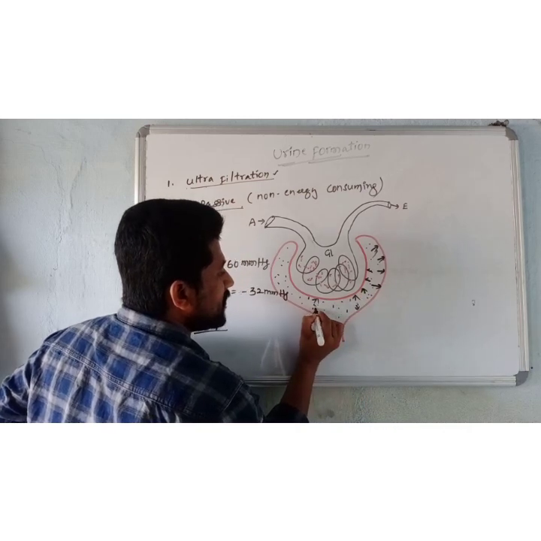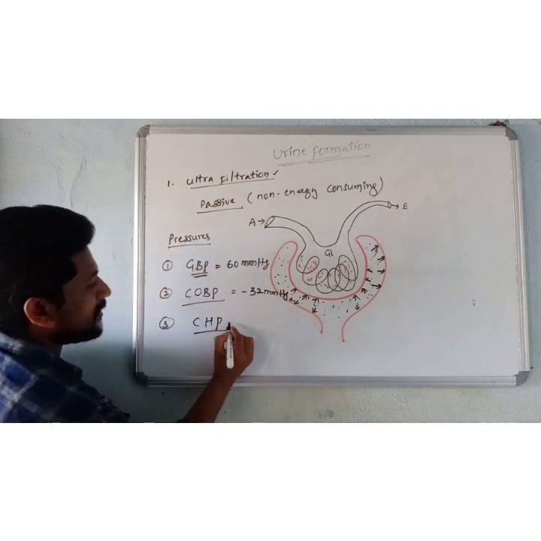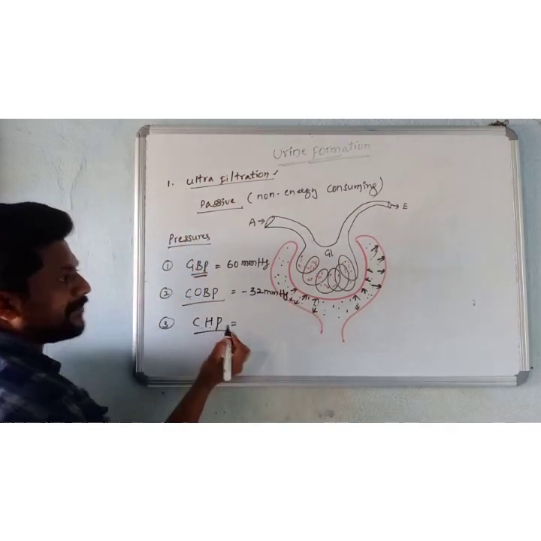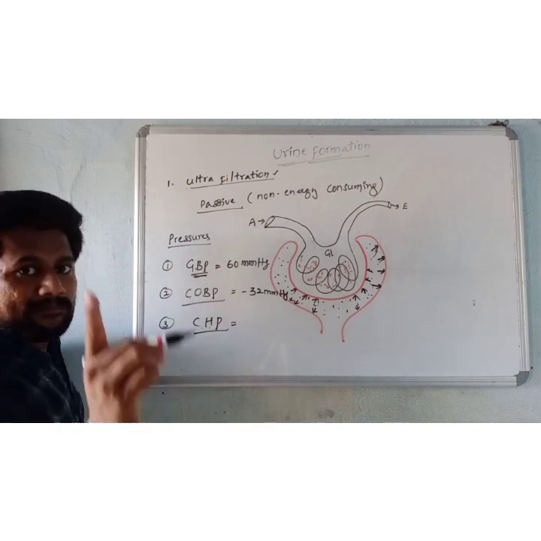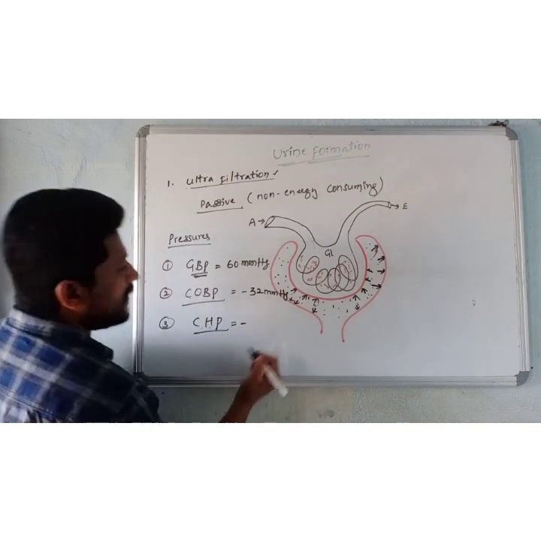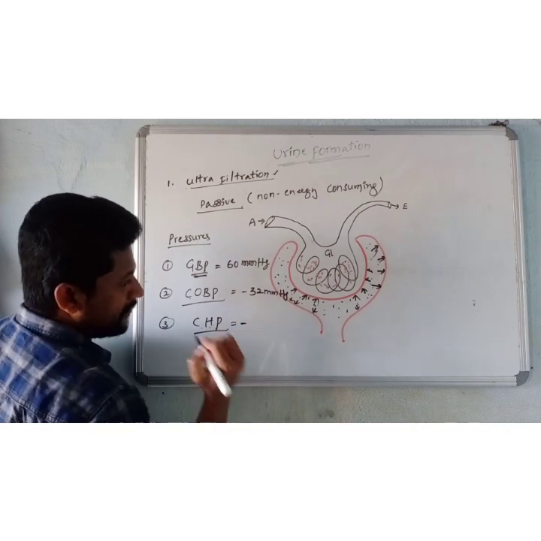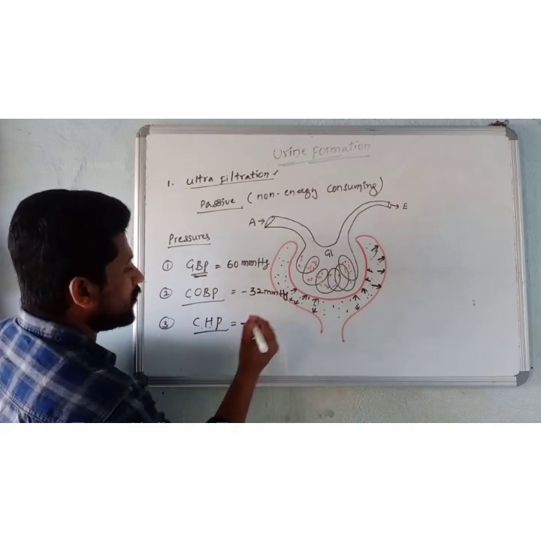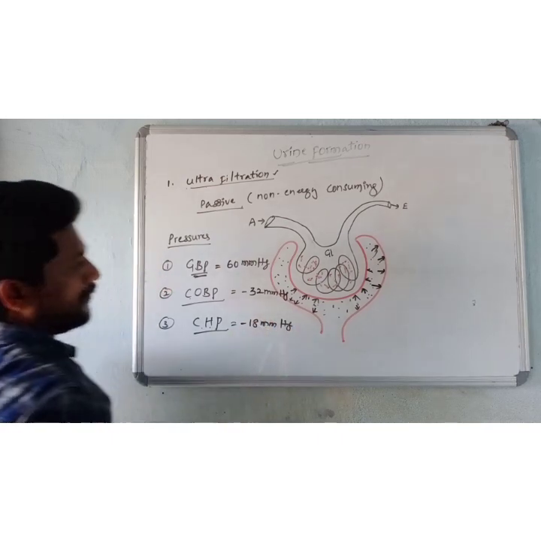This pressure on the Bowman's capsule is known as capsular hydrostatic pressure. It also works against the glomerular blood pressure, so it is also denoted with minus. It is nearly 18 mm of mercury.